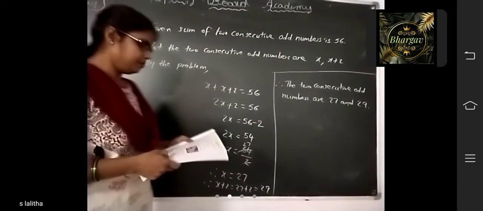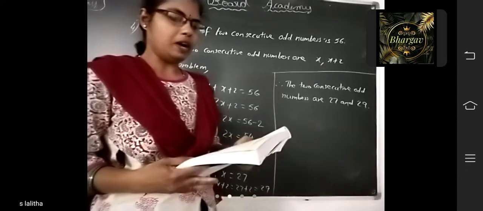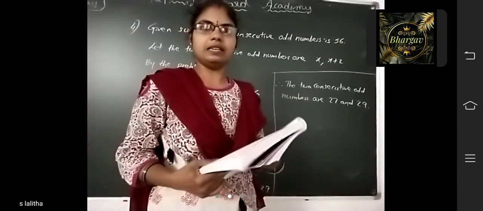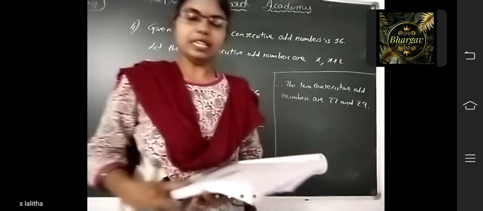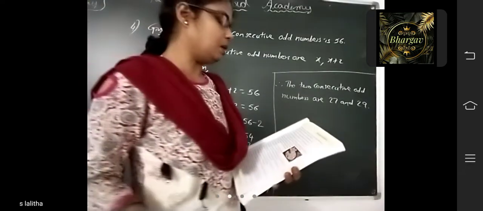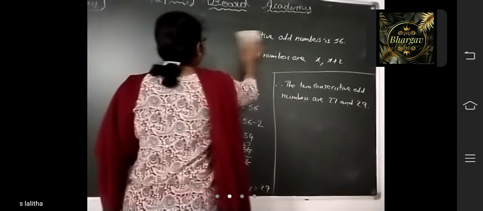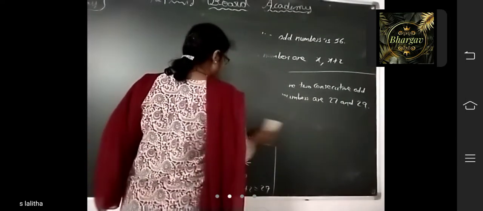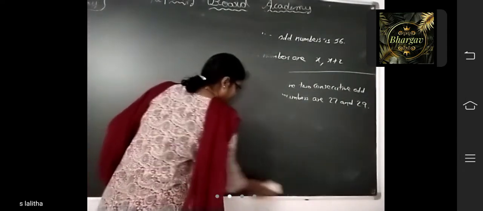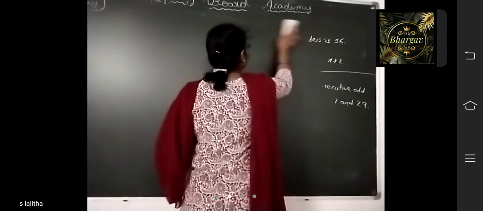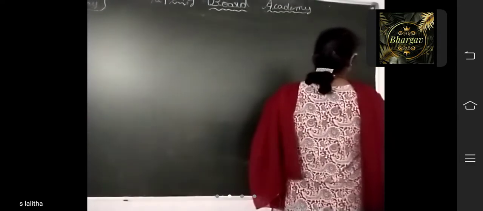Next question, see children. The sum of three consecutive multiples of 7 is 777. Find these multiples. What are those, the sum of three consecutive multiples of 7? You should find it. So consecutive means, what I told, the number which comes next after the number is the consecutive number.